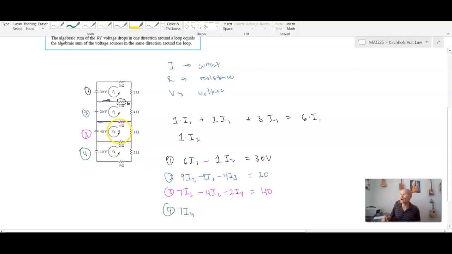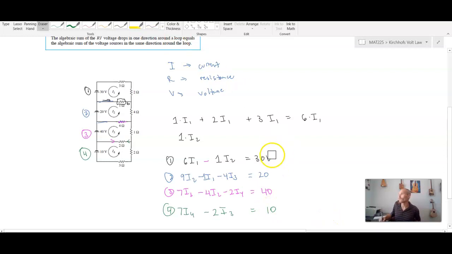But then we also have I3, again, flowing in the opposite direction, because I4 is going this way, but I3 is going the opposite way. And so we are going to have negative 2I3. And those have to equal the total voltage source in that loop, which is 10.